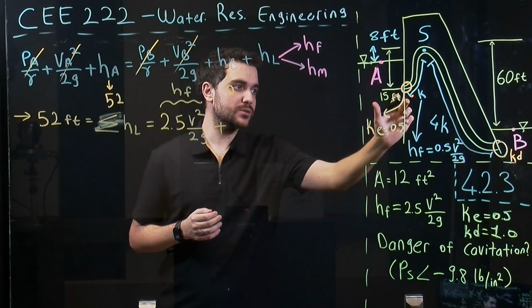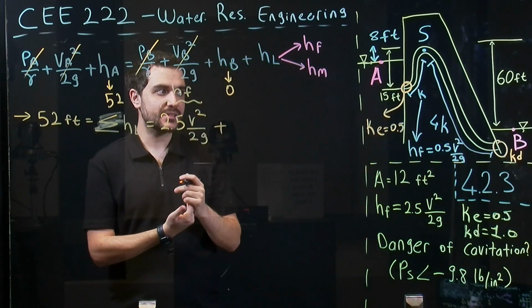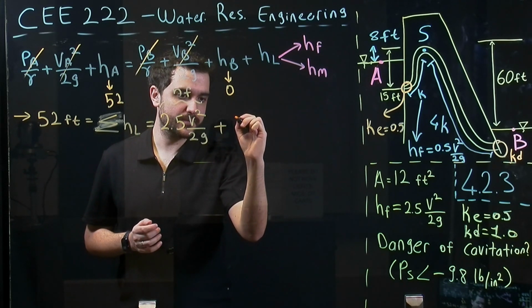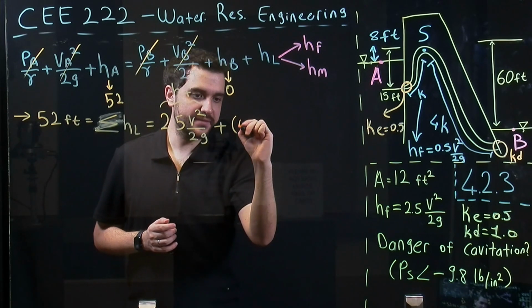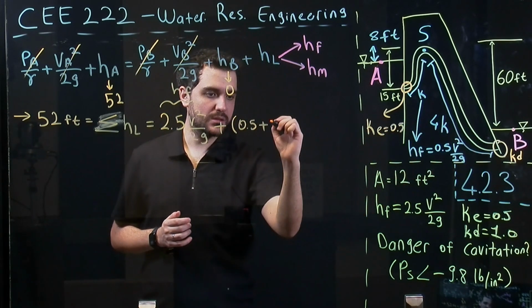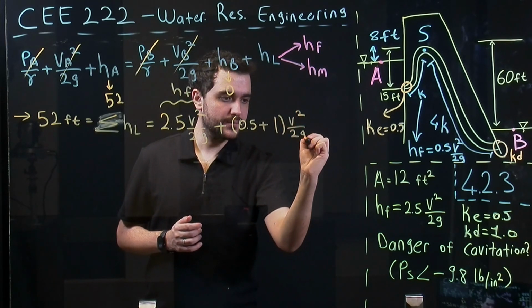So we have two minor losses here because others are neglected, so it will be 0.5 plus 1, v square over 2g.